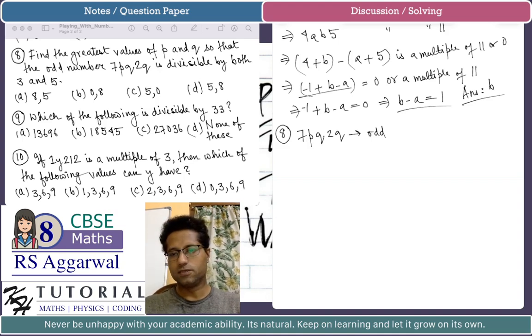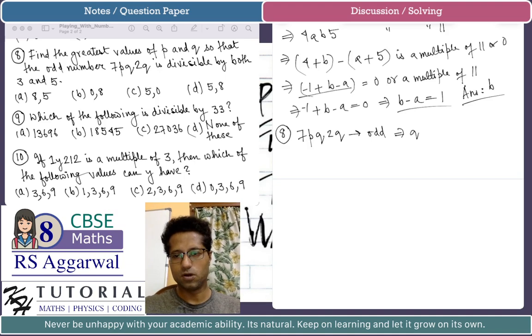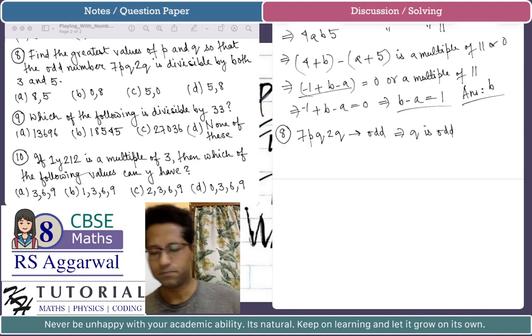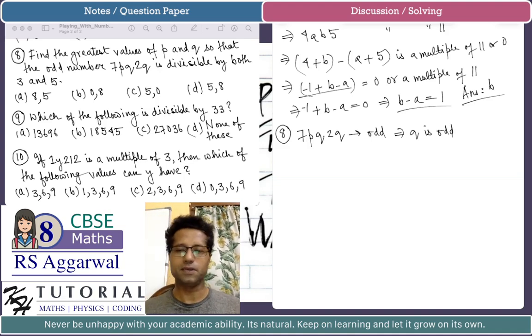Also we know that this number is odd. This will imply that a number is odd if the digit at the units place is odd. So we must have Q odd. The digit Q must be odd. A number is odd when the digit at the ones place is an odd digit.